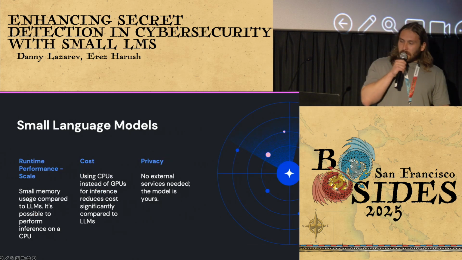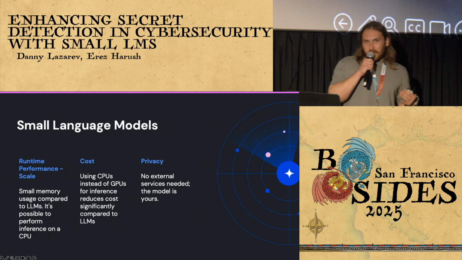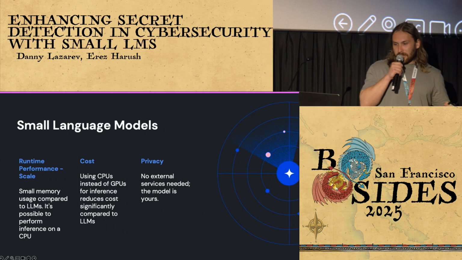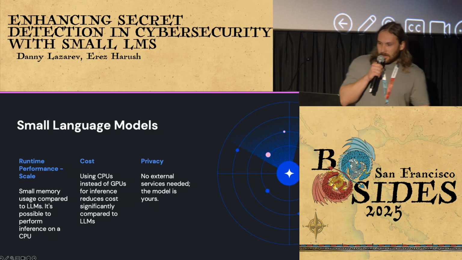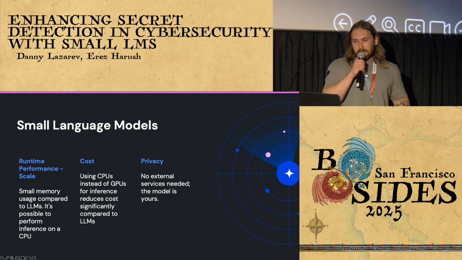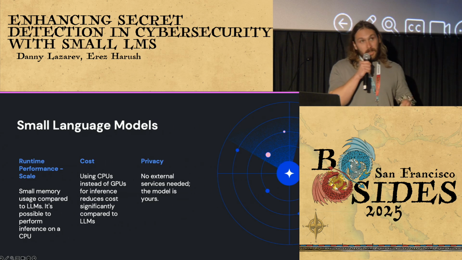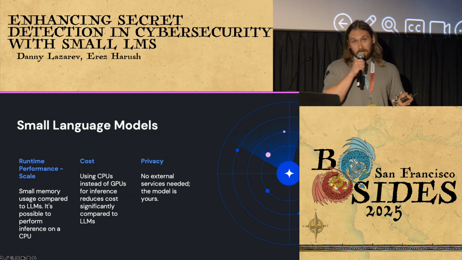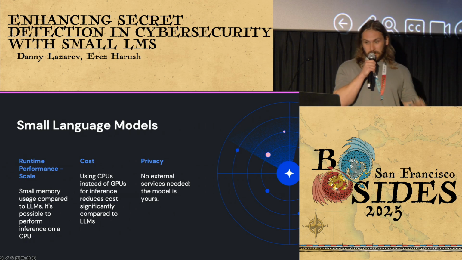So the challenges we've seen before can be handled with the advantages of small language models. Runtime and performance: we can run them with little memory and little compute power compared to the bigger brothers. In fact, we can use CPUs to perform inference instead of GPUs.